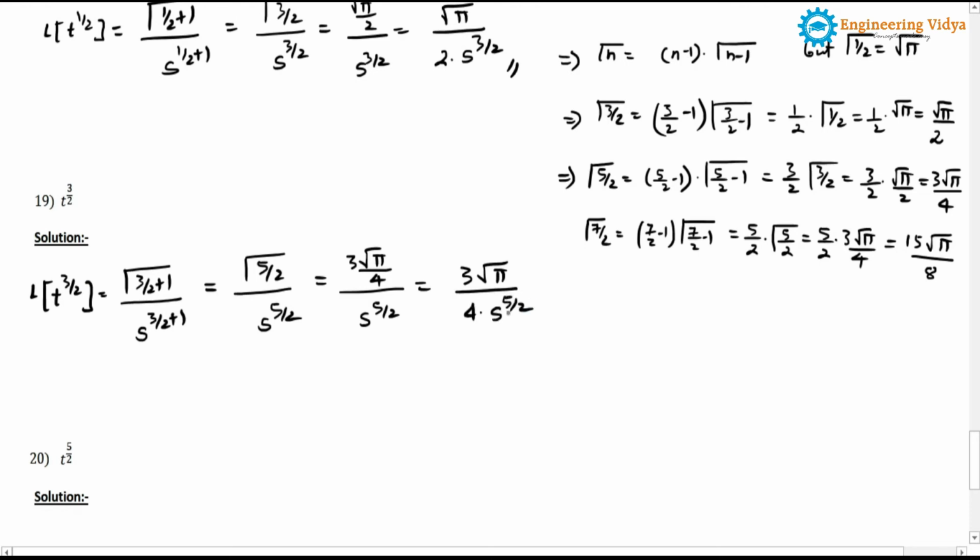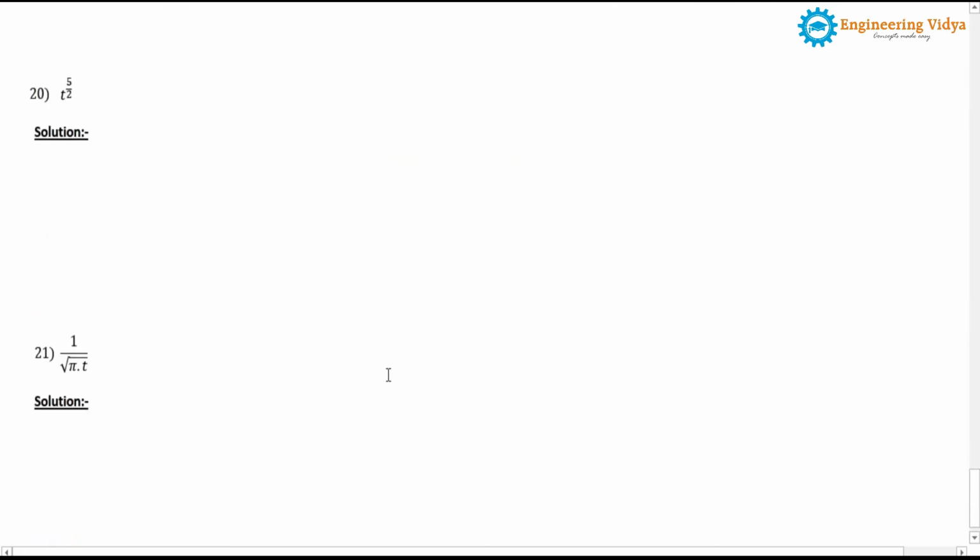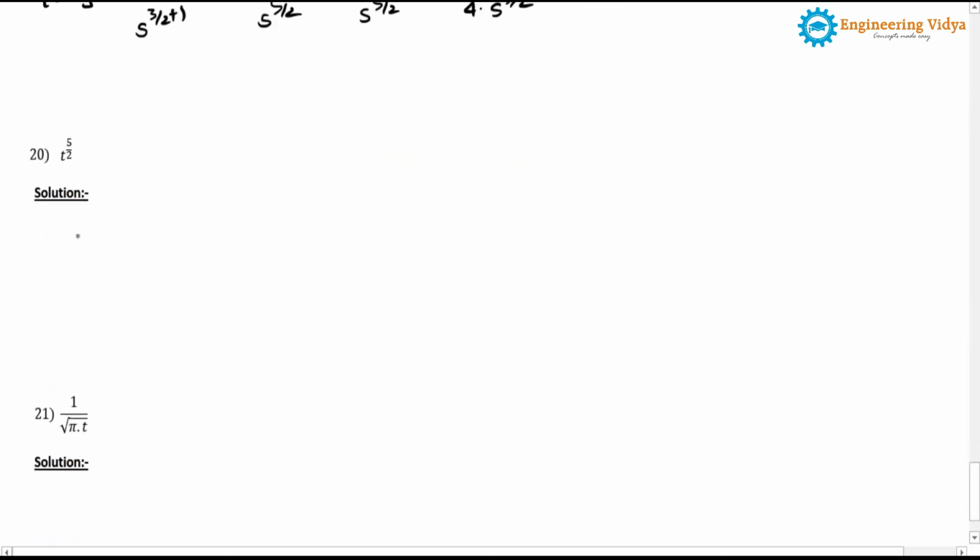Now in a similar way we can calculate the value for t raised to 5 by 2 also, right? Laplace transform of t raised to 5 by 2.